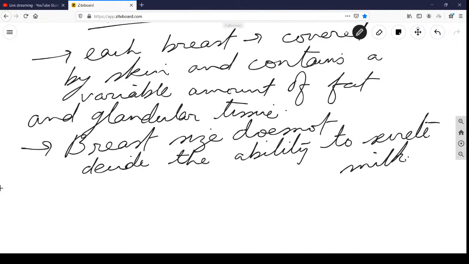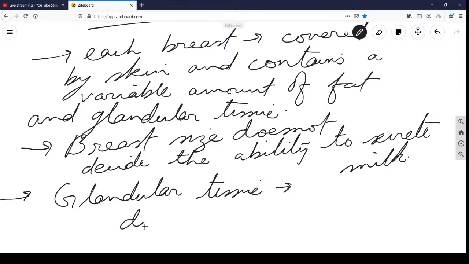Next, each breast contains glandular tissue divided into 15 to 20 lobes, and these lobes are separated by fat and ligamentous tissue. So the glandular tissue is divided into lobes.